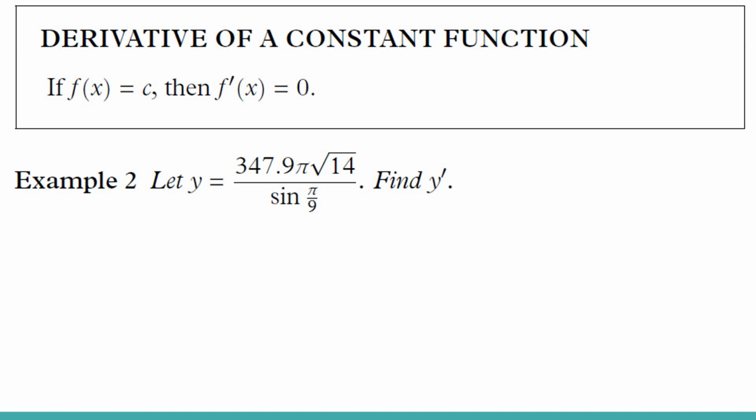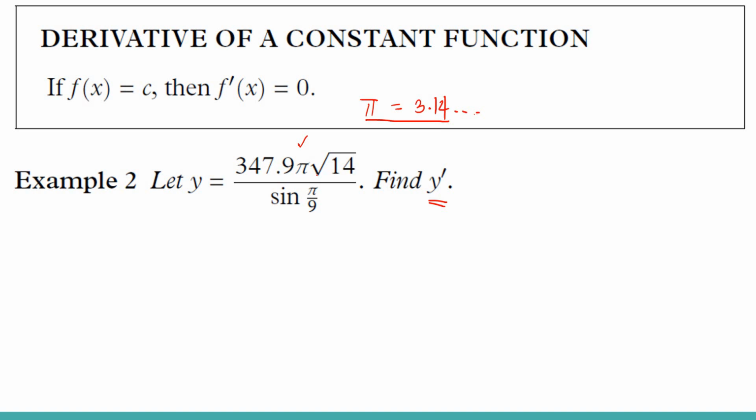Another example. Let y equal 347.9 pi square root of 14 divided by sine pi over 9. Find the first derivative, or y prime. Pi here has a value of 3.14, though there are more digits following it, but let's just use 3.14 for the value of pi.